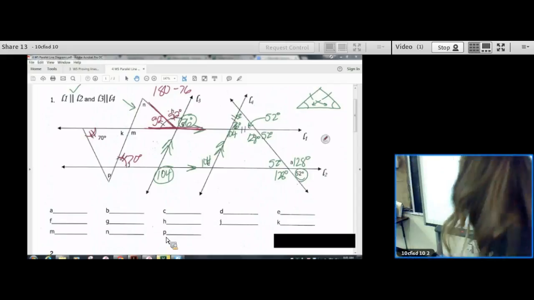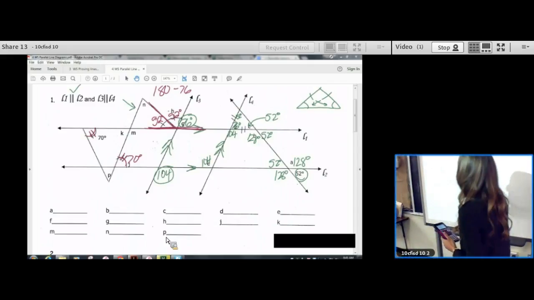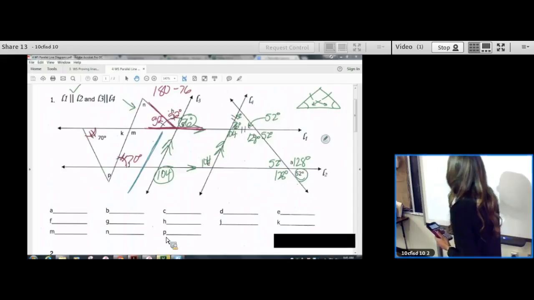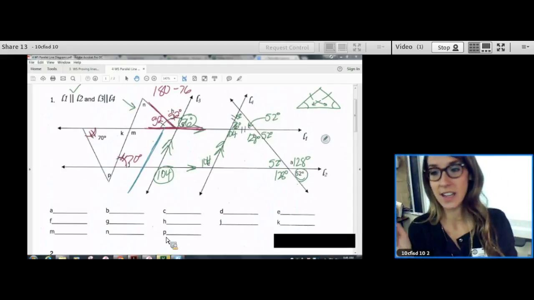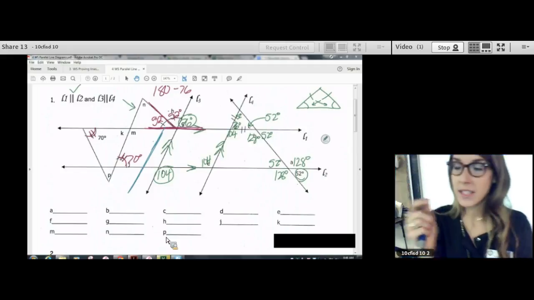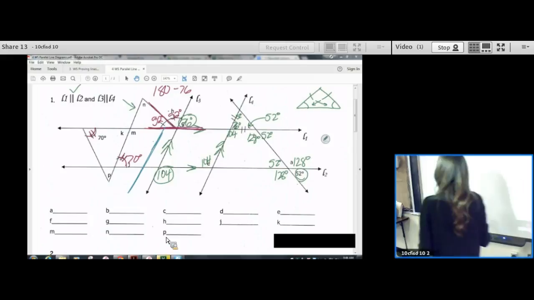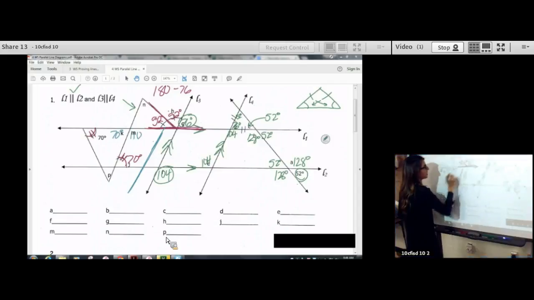Cool. Now, what we need to be careful about is that after this part, the stuff on the left is not parallel to the green stuff on the right. So don't try to use corresponding angles in that area. But let's work with that 70. I'm going to use alternate interior, 70, 70. Linear pair, 70, 110.